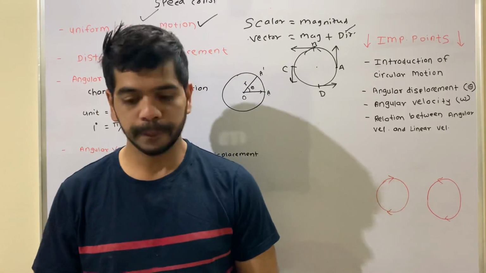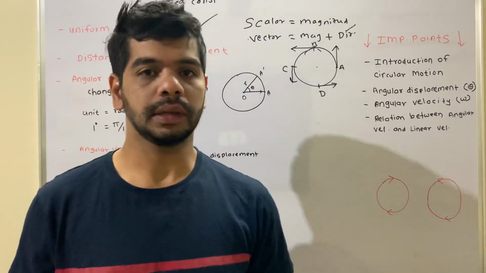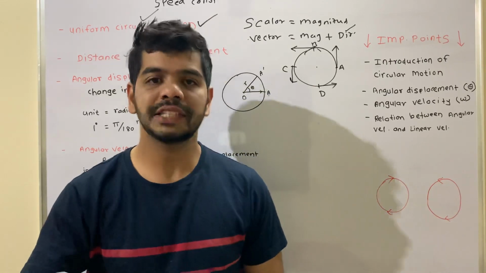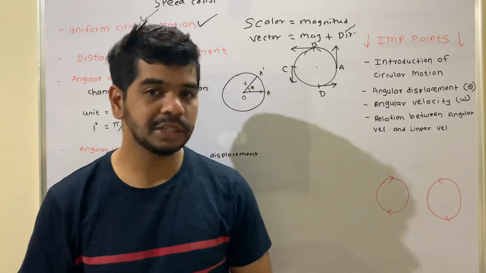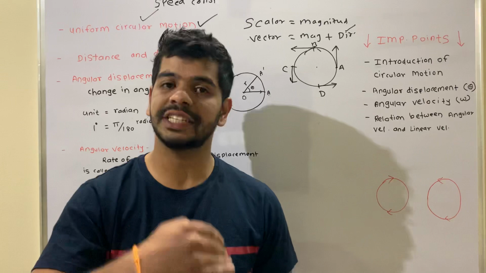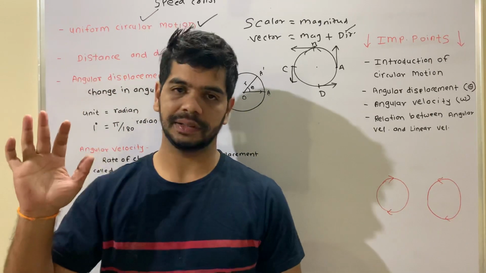So what I will do? I will just go like that. That means I am displacing my position. I am changing my position. So what does it mean? It means displacement. If there is a change in position, we can call this condition a displacement.